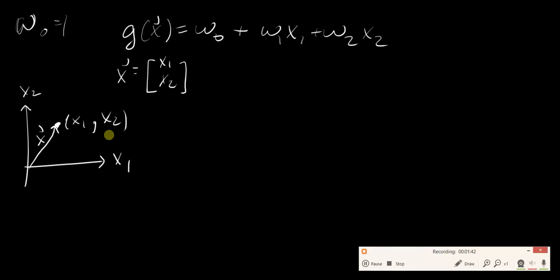It can be a little confusing because they use x for everything, and we're used to saying x is horizontal and y is vertical. But this is just 2D space, and they use this notation because we're working with vectors. These omega naught, 1, 2 are the weights, which is what we're going to try to find, these coefficients here.